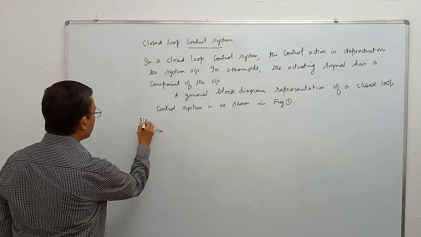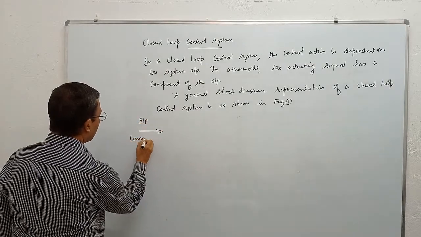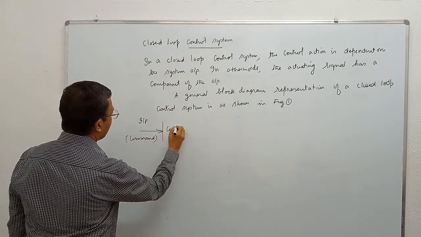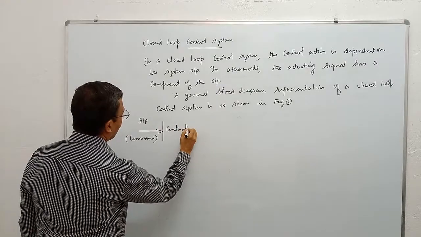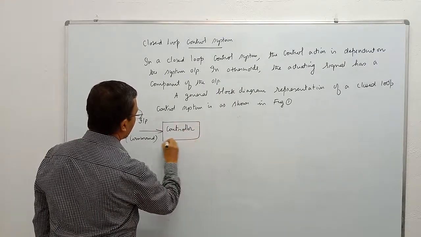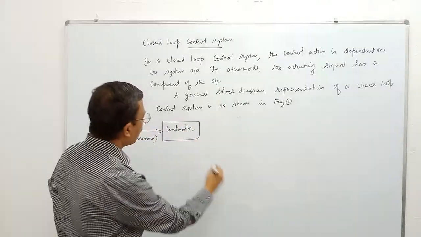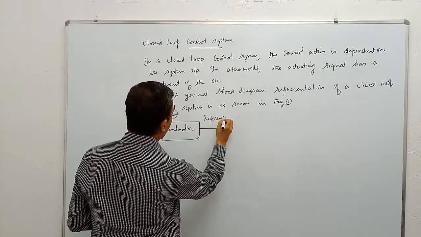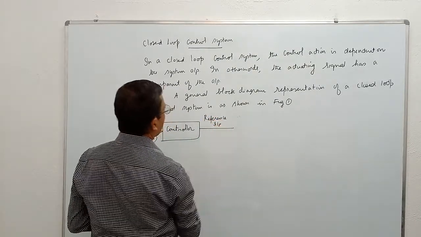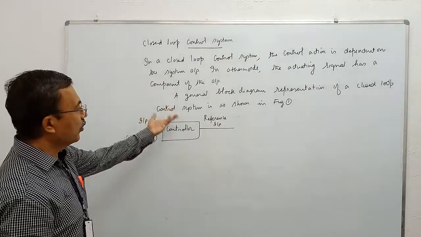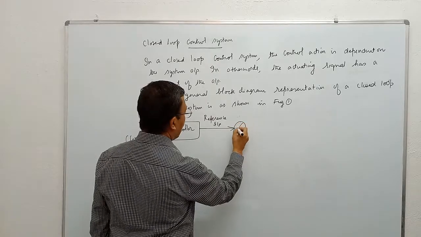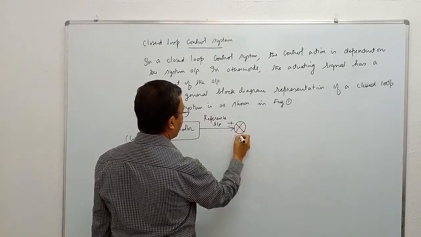This is input or command. This is controller. Output of the controller is called reference input. In the previous case, reference input was same as actuating signal. This is summer. It is also called error detector.